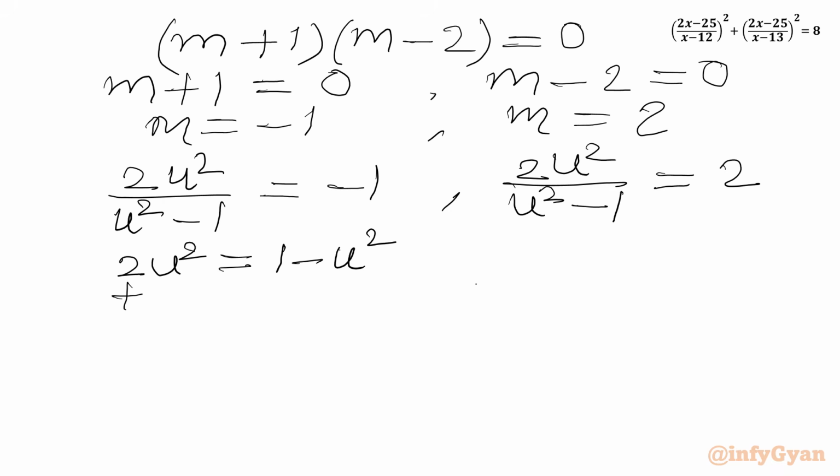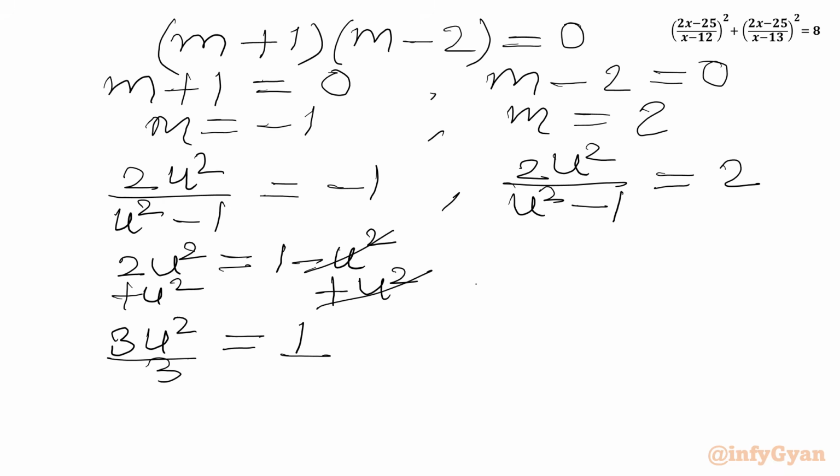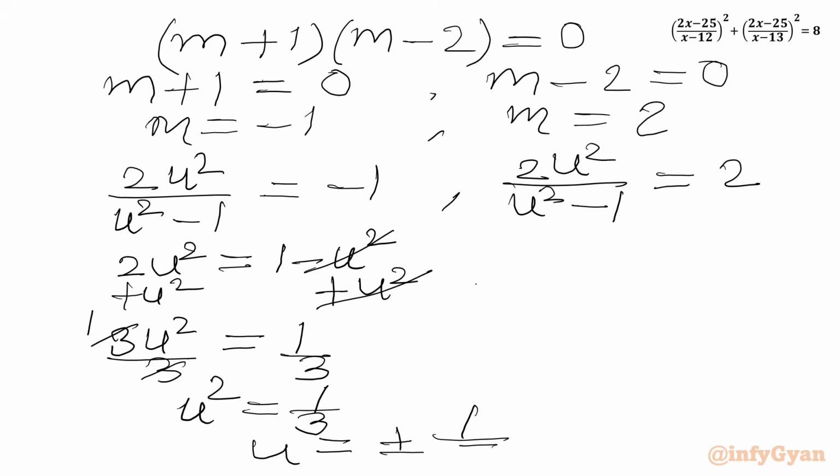Now we will add u square to both sides. So plus u square minus u square will get over. In LHS we will get 3u square equal to 1. Now we have to divide both sides by 3. 3 over 3 will get 1. So u square is equal to 1 over 3. After taking a square root both sides, we will get u equal to plus minus 1 over square root 3.